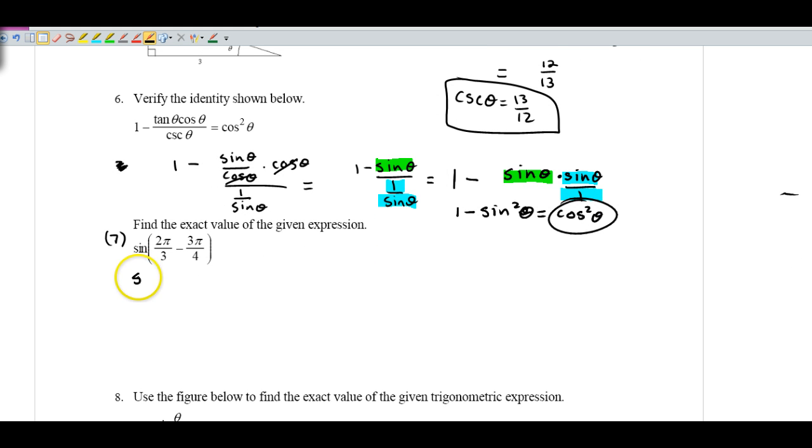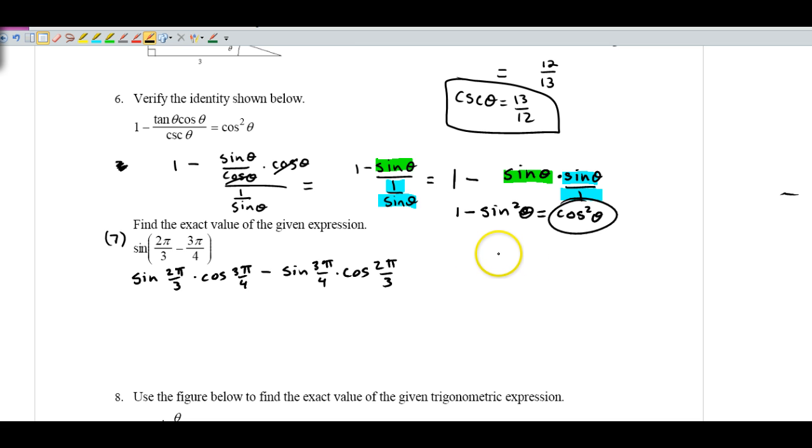This is the sine of 2 pi over 3 times the cosine of 3 pi over 4 minus the sine of 3 pi over 4 times the cosine of 2 pi over 3. You need 2 reference triangles there.